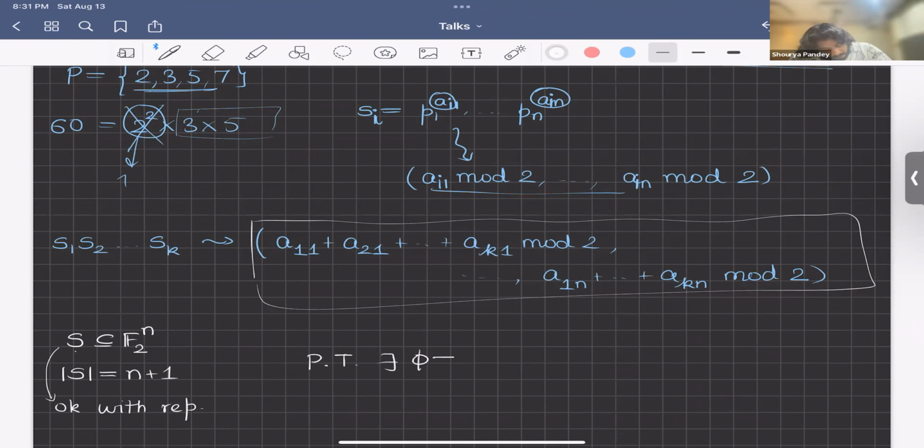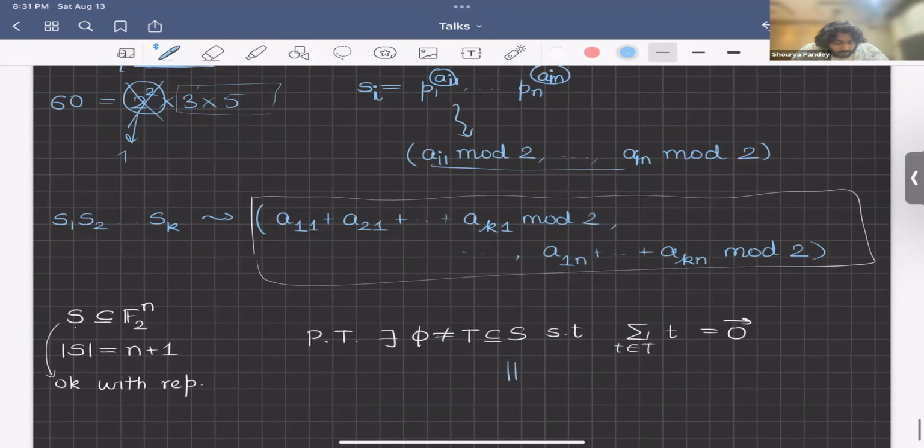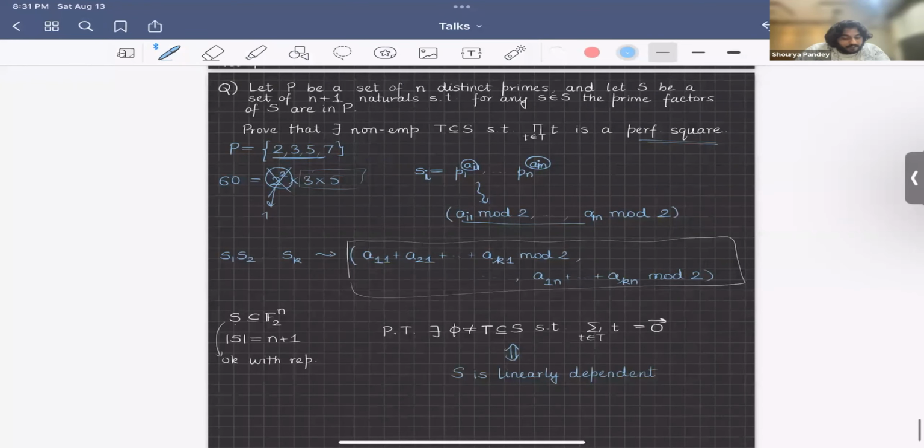Prove that there exists a non-empty subset T of S such that the sum of elements in T is 0. But that's exactly the same as showing that S is linearly dependent, because the only scalars allowed in F_2^n are 0 and 1.